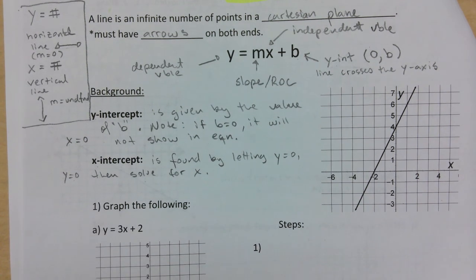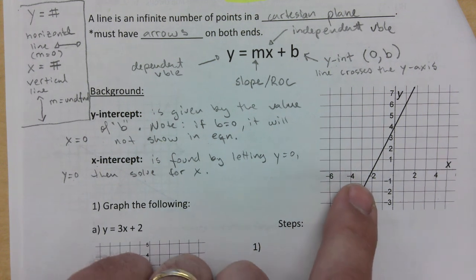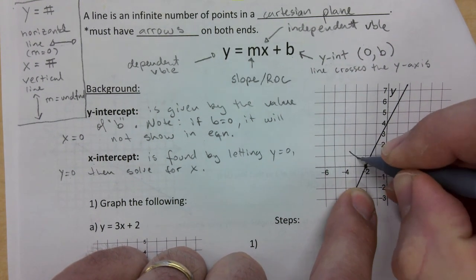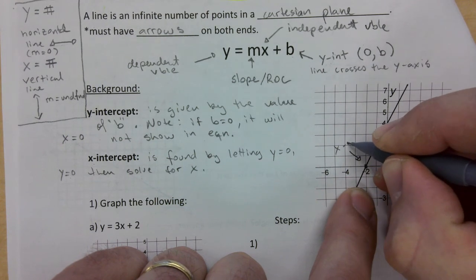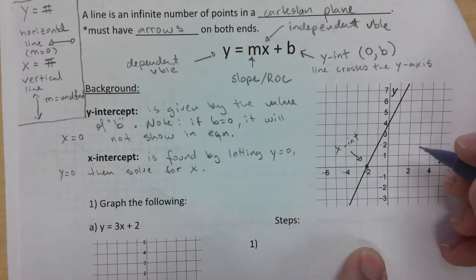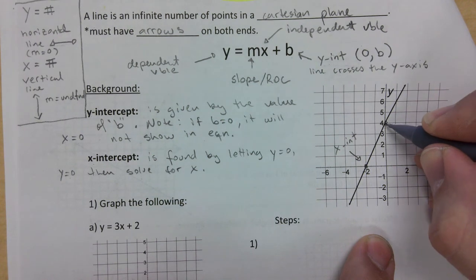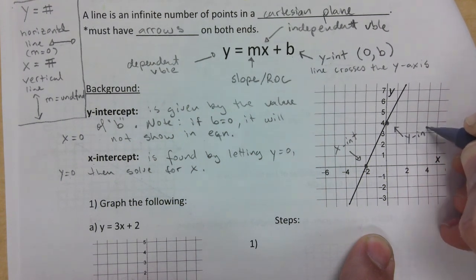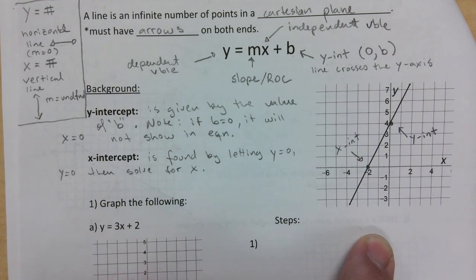Okay. So on this graph here, this point right here is called the x-intercept. Okay. This right here is called the y-intercept. And what's the slope of this particular line? Just by observation, no math.